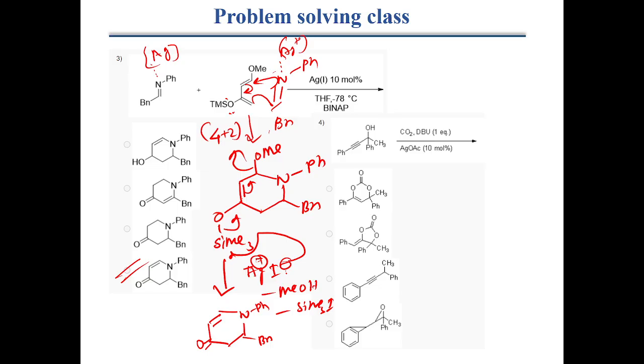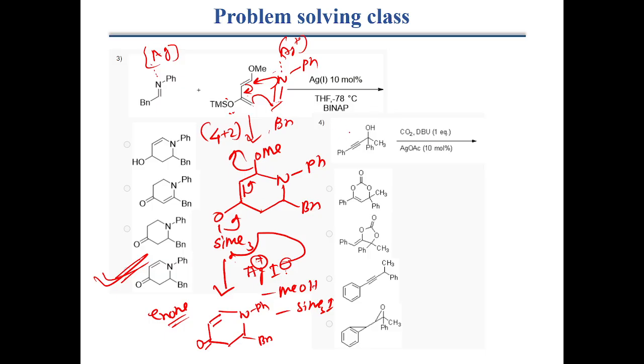This nitrogen reacts here, this will go and react onto the imine center, followed by deprotection of the silyl group by the counter anion. This liberates methanol from this ketone, so an enone will form. So option 4.